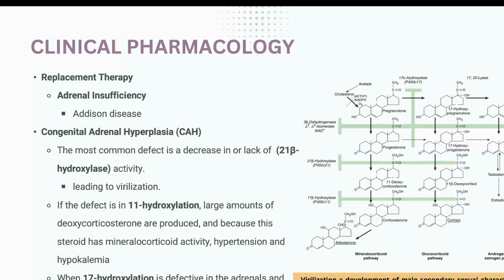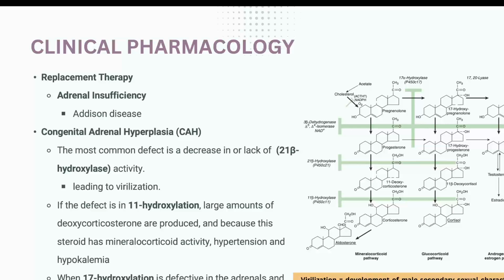So when we block the conversion of deoxycorticosterone to corticosterone, then to aldosterone, it leads to accumulation of deoxycorticosterone. Of course, deoxycorticosterone is characterized by mineralocorticoid activity, so this leads to increased retention of water and salt and leads to hypertension.